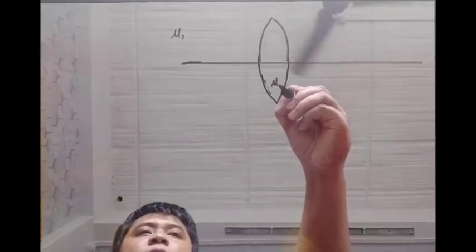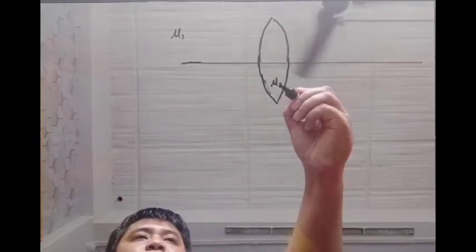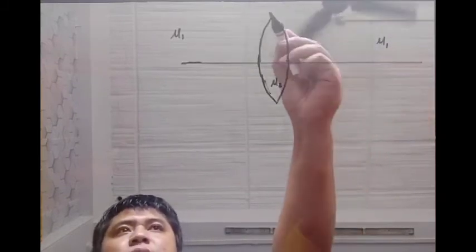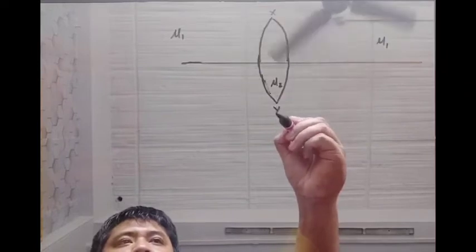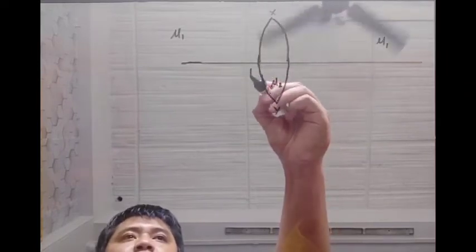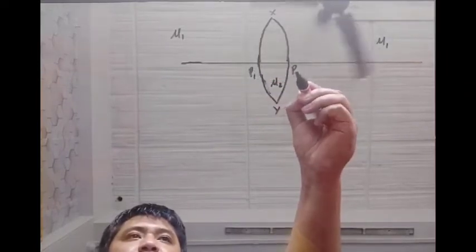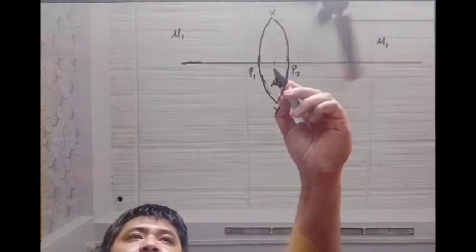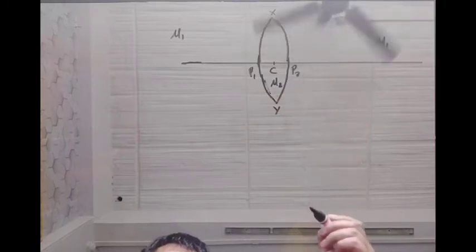This is the denser medium. It has mu2, and this side again mu1. Let this be XY, the lens is XY. The pole on this side, let it be P1, this side P2, and this is the optical center of the lens, C.